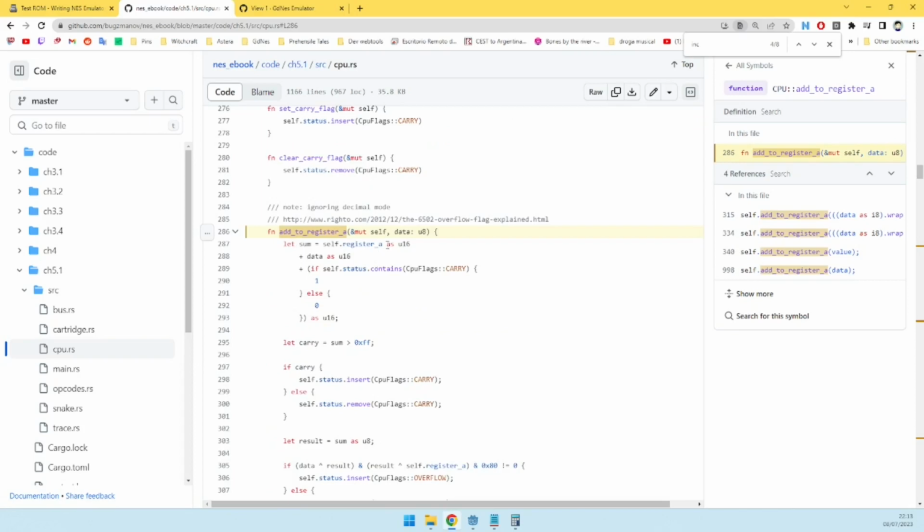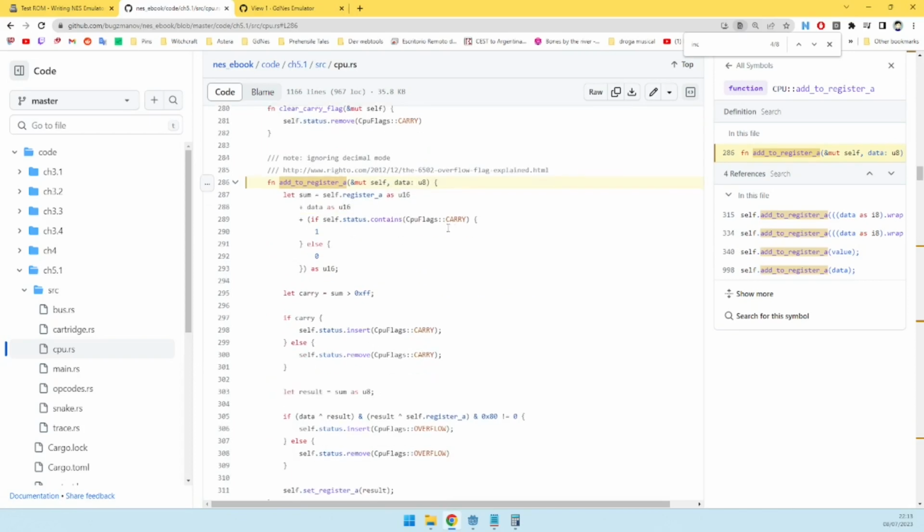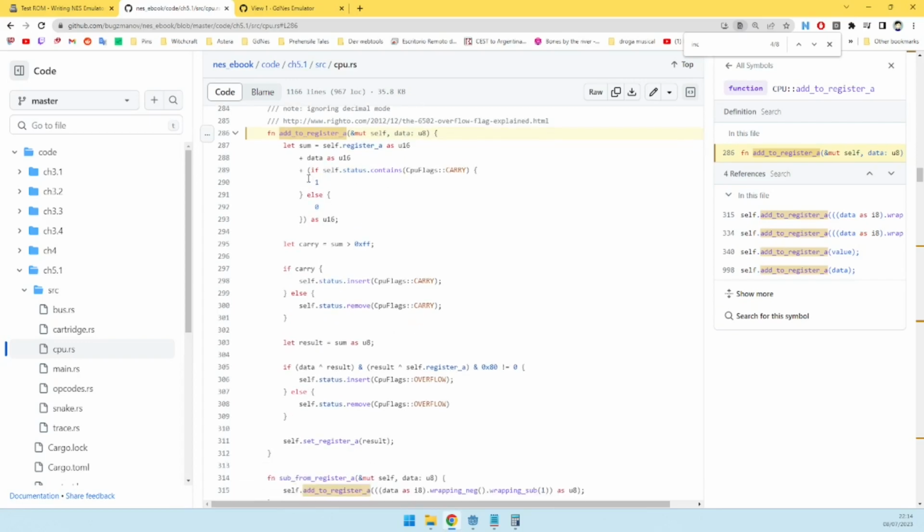Function add to register. Okay. So that's why. That's why it was adding one more.